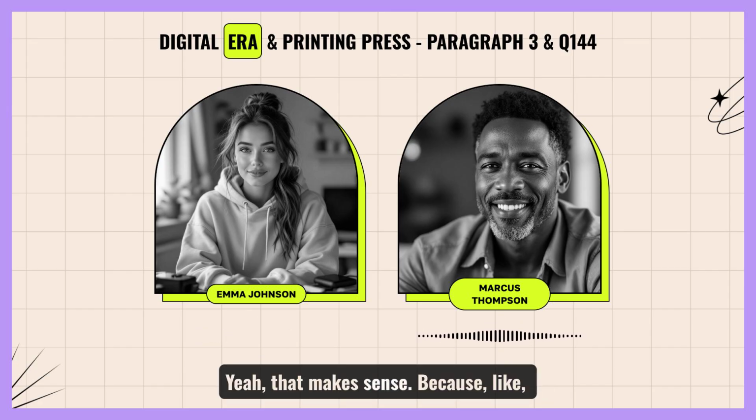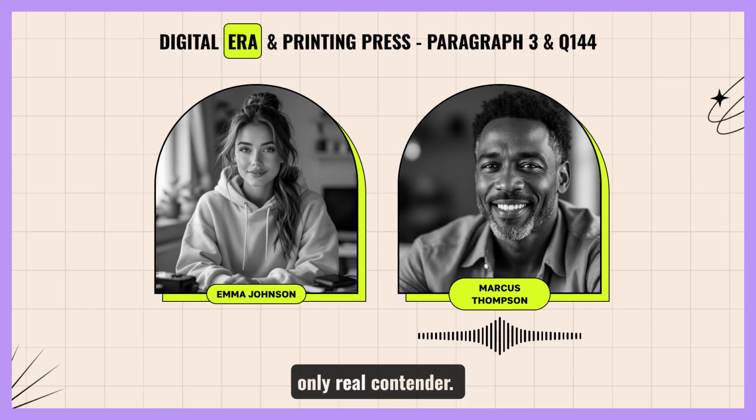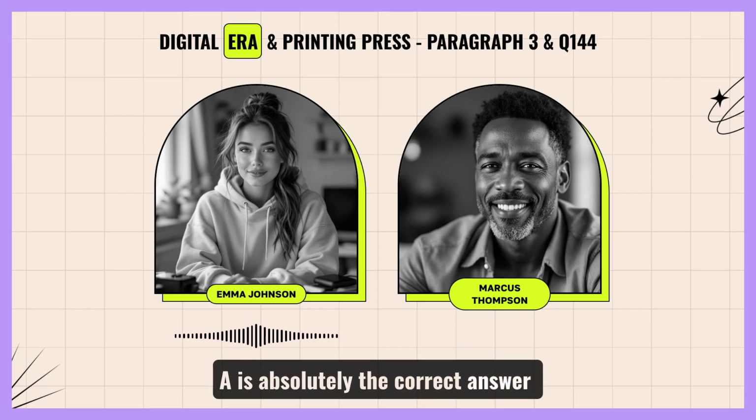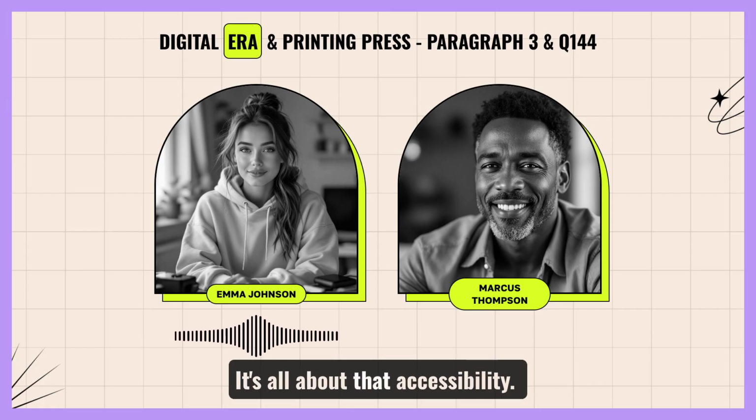Yeah, that makes sense. Because the other options are either too extreme, depend entirely on technology, or just not the main point. Compare printed text with digital forms, and oral traditions disappeared completely is just flat out wrong. So A seems like the only real contender. A is absolutely the correct answer there. Yeah, it just fits the broader narrative perfectly. It's all about that accessibility.